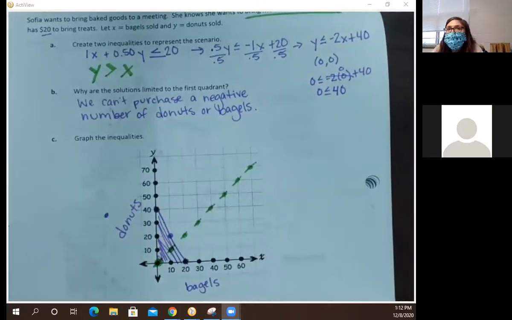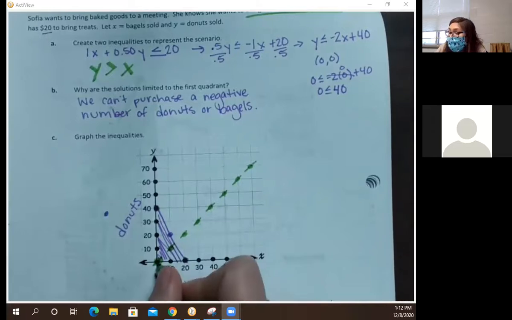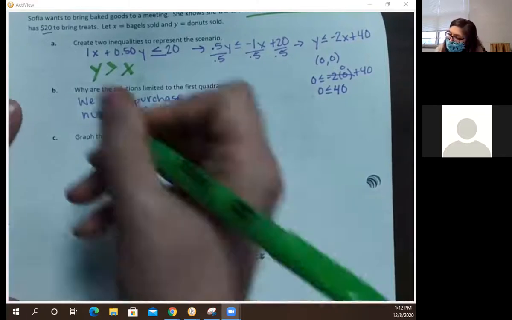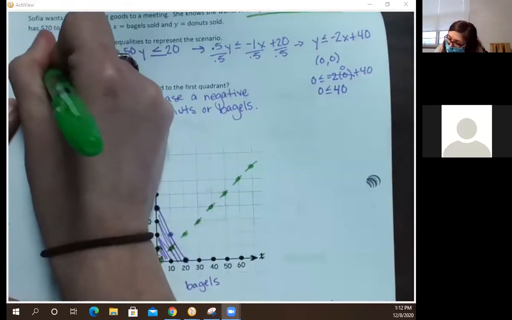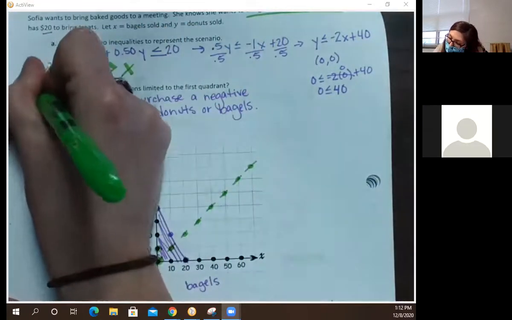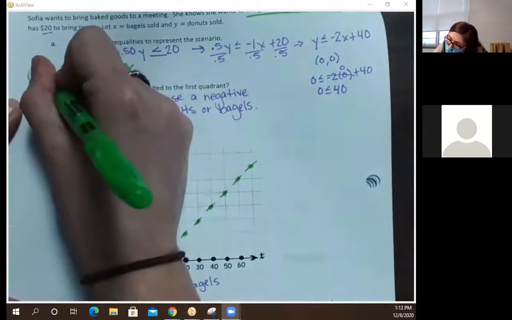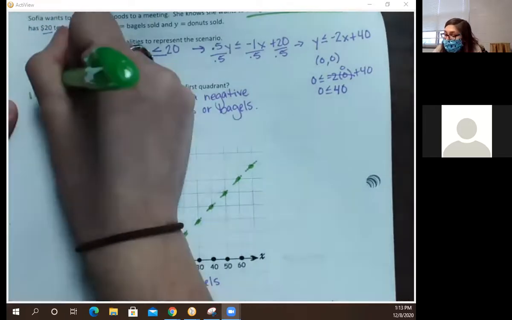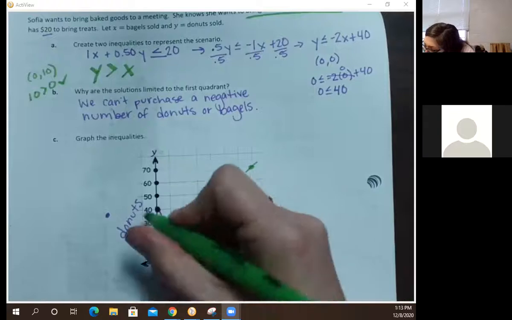And then I need to decide where to shade. I cannot use 0, 0 this time. That's a point on the line, so I cannot use 0, 0. So I'm going to use 0, 10. When I plug that in, I would get 10 is greater than 0. Is that true? Yep. So I'll shade this side.